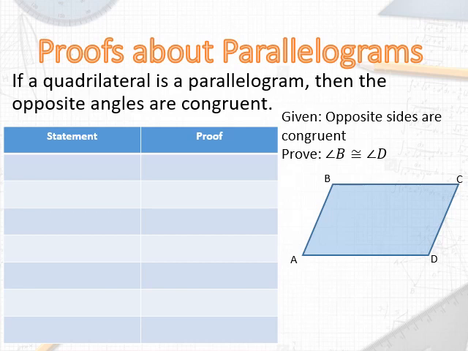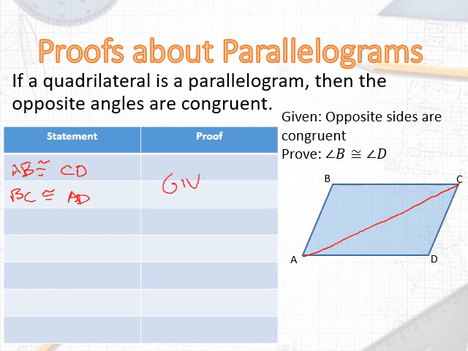All right, so let's go through this one together. So we're going to need that diagonal drawn in again. And then we've got, let's see, opposite sides are congruent. So I'm going to actually write those in. So AB, and apologies for terrible handwriting, AB congruent to CD, and BC congruent to AD.